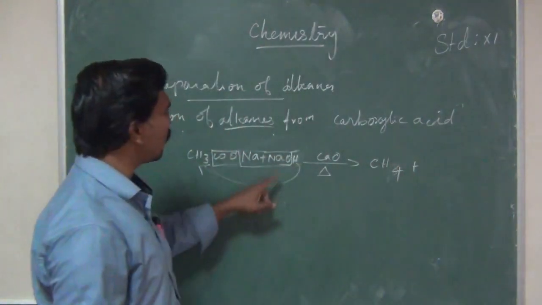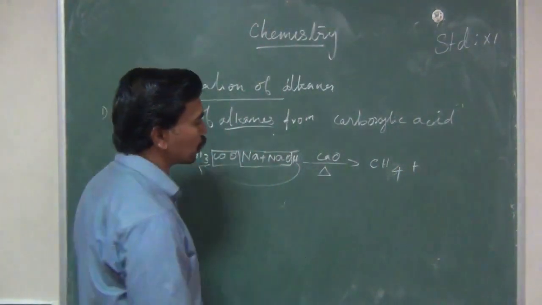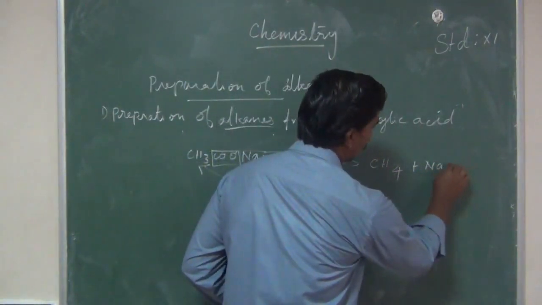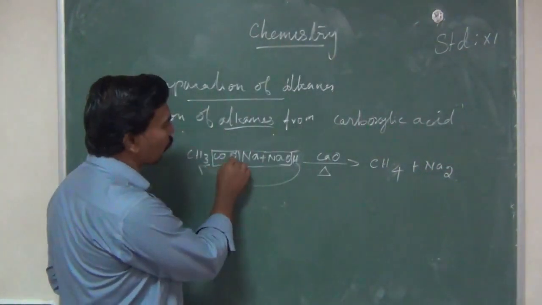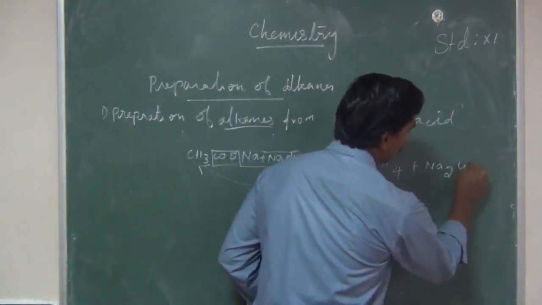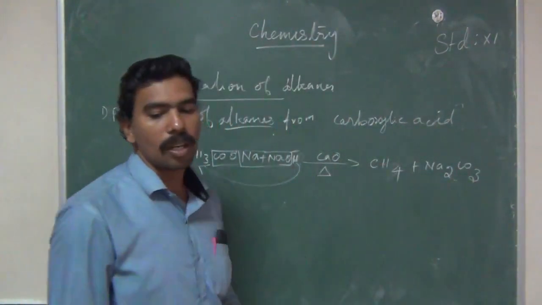The remaining things are 2 sodium, Na2, and CO3. You get sodium carbonate.